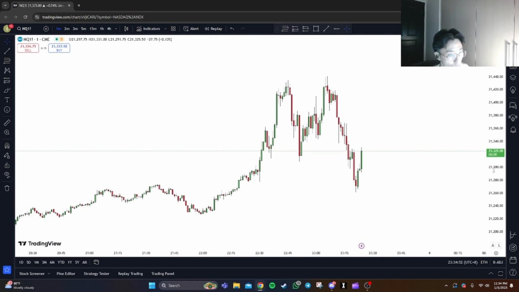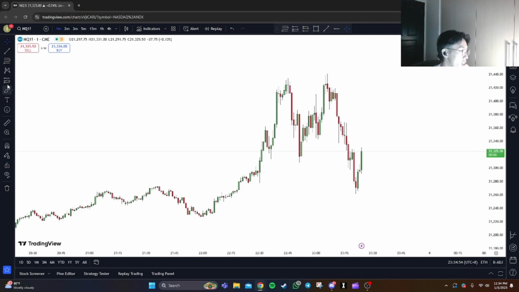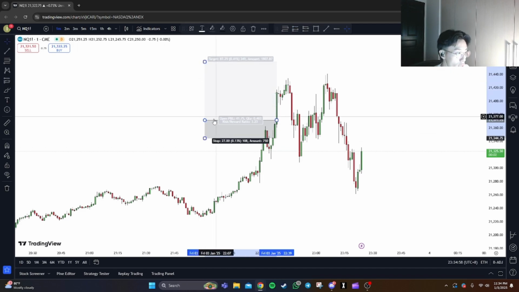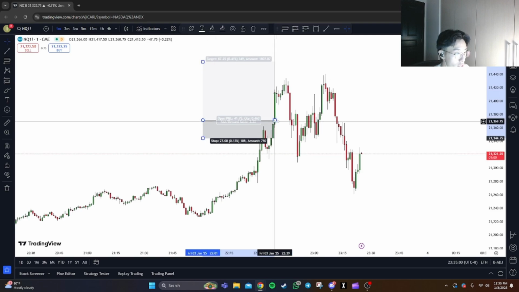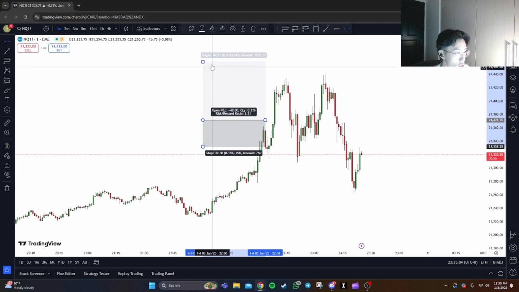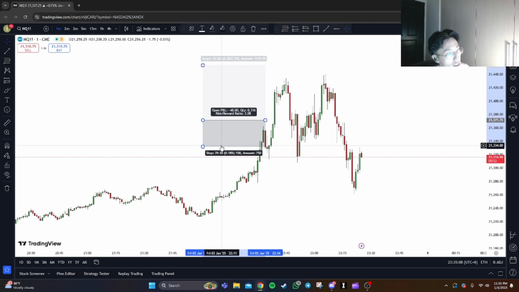Okay, what's a stop loss? Essentially, whenever you enter a position, all right, you will have an entry point, which is this middle line. Okay, and your bottom line is your stop loss, and your top line is your take profit. And these are limit orders. That means the orders will not execute until price moves up and hits them.